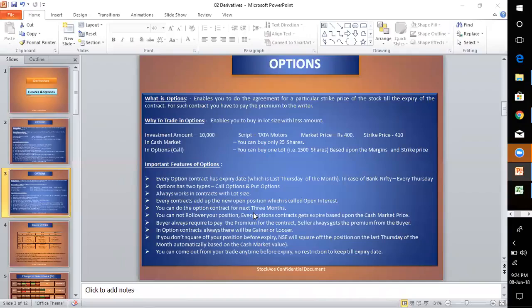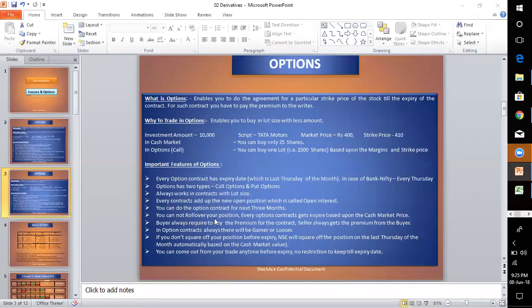Suppose you are in this month and you are buying a Mahindra 900 call option at 25 rupees. But if you want to buy for the next month, for July, the price will be higher because so many days are pending, almost 2 months. So that's why you have to pay for the time also.